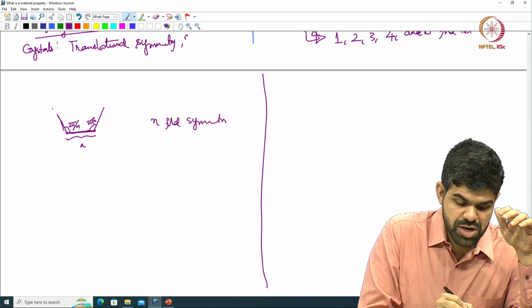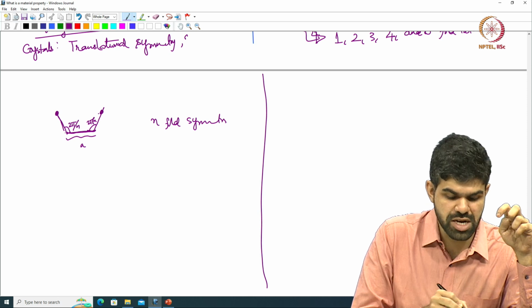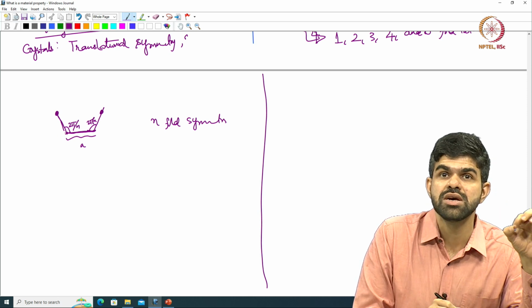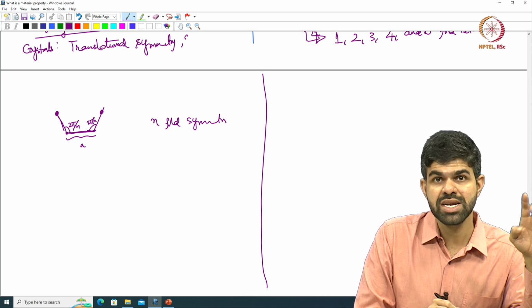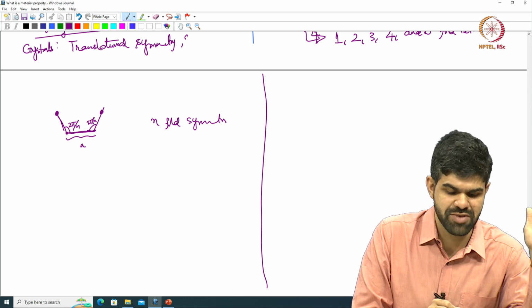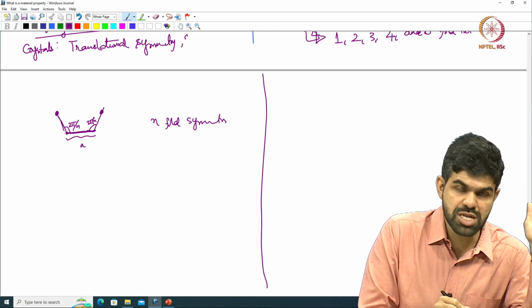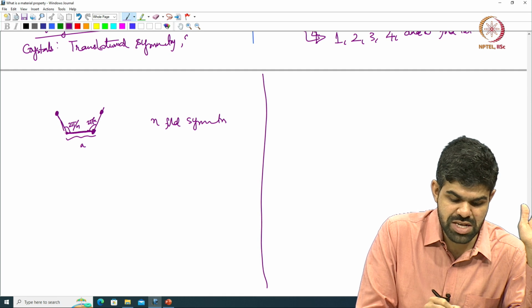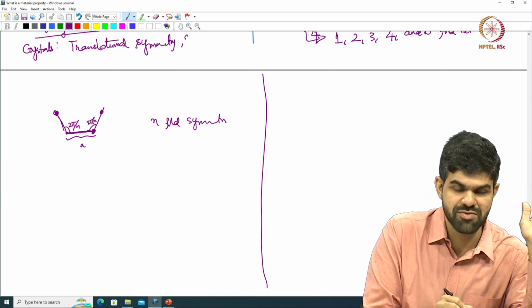So if I rotate it by 2 pi by n, I should get another lattice point. Essentially that is what is meant by a point symmetry operation: I can rotate any vector by 2 pi by n and I should get the same environment again. So the environment about this point should be the same as the environment about this point.